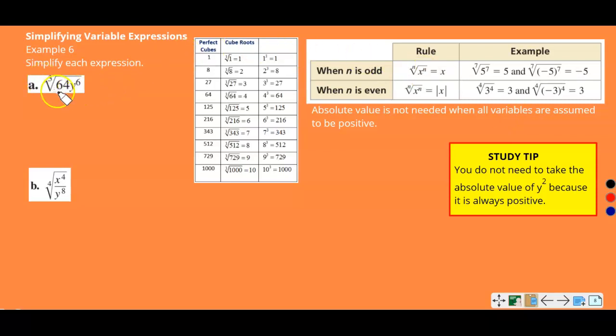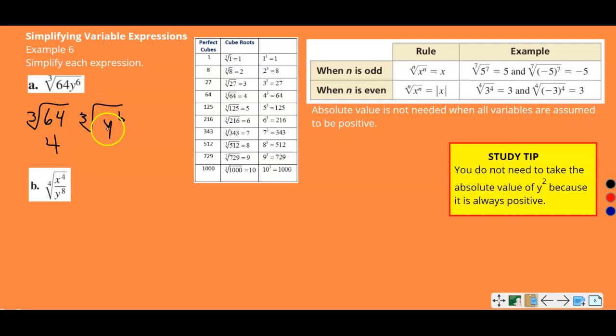So cube root of 64, if we come down through here, we can see that 4 cubed is 64. So we can rewrite this as the cube root of 64 and the cube root of y to the 6th. The cube root of 64 again is just 4. And then the cube root is the same thing as something to the 1/3 power.